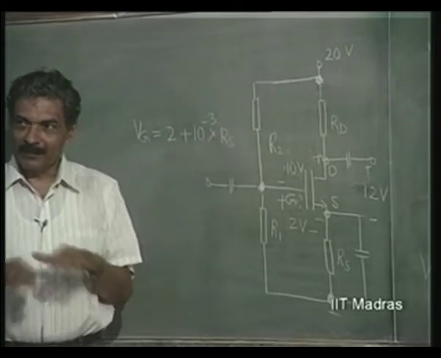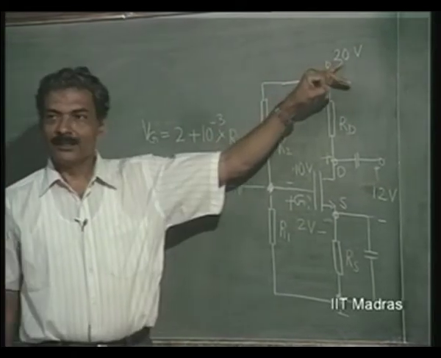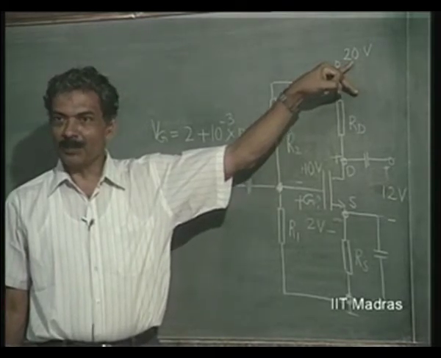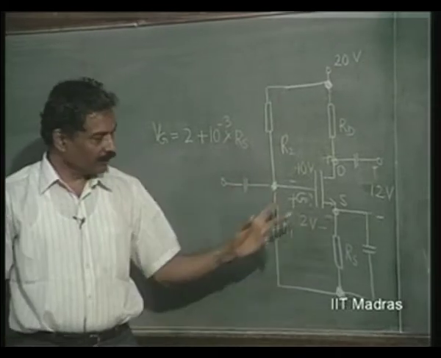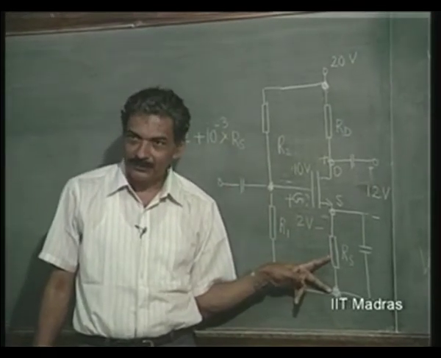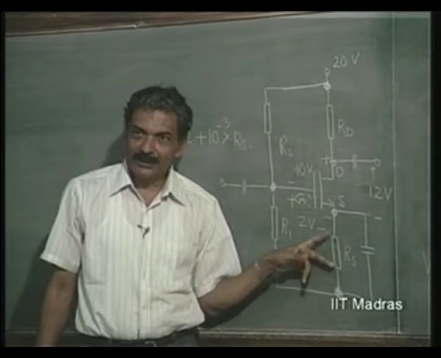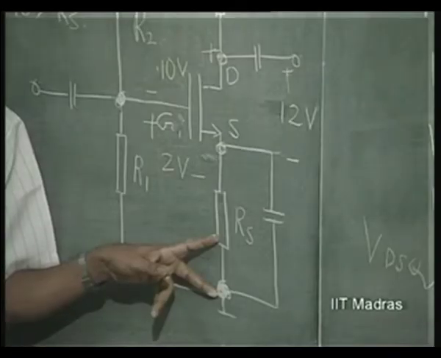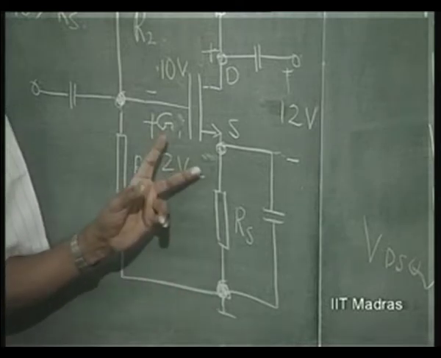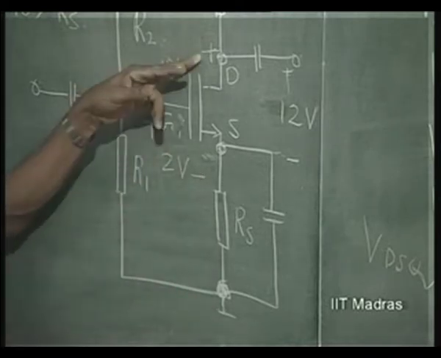Suppose I am given liberty to select the voltage here such that I can make the operating point stable, then what would I do? For 2 volts, I will straight away take this drop as 20 volts. So this resistance will be straight away fixed at 20 kilo ohms, because 1 milliampere is flowing through it. So this is straight away 20 to 22 and then 10 volts here.